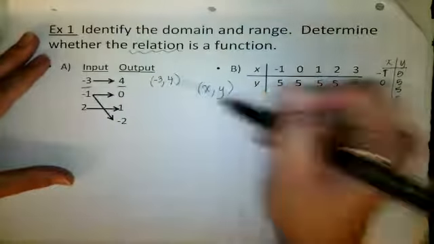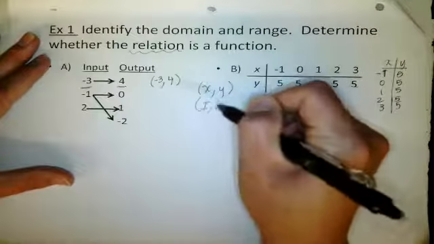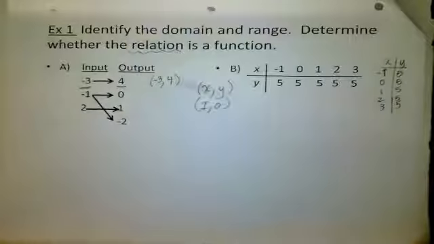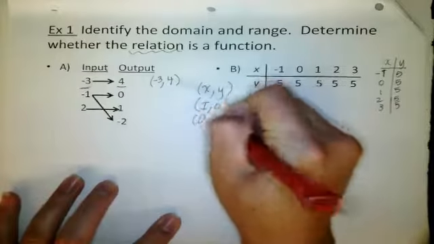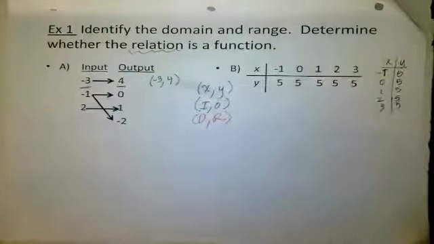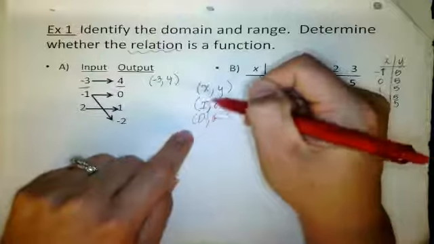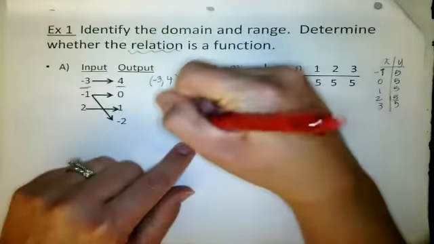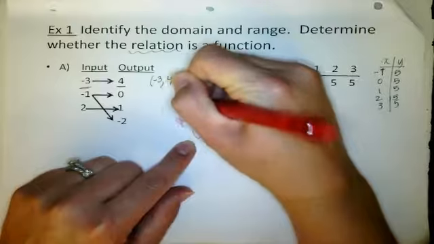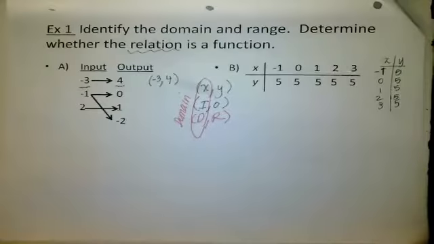Okay. The same is true for inputs and outputs. They too are an ordered pair, and they too are alphabetical. It's kind of nice. The same is true for domain and range. Domain and range is just another way to say, hey, domain are all of the inputs or all of the X values that work.